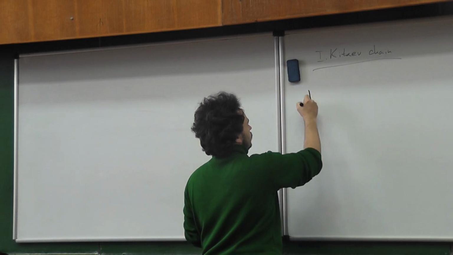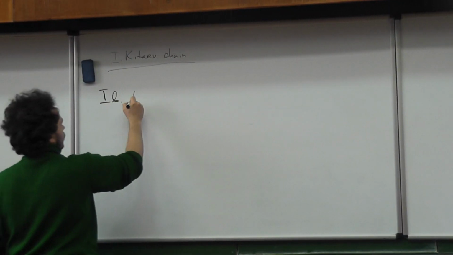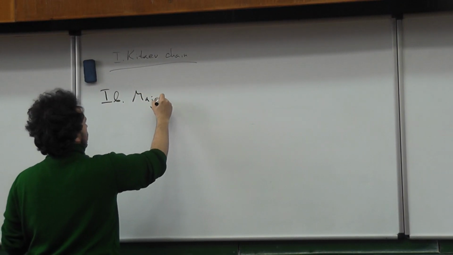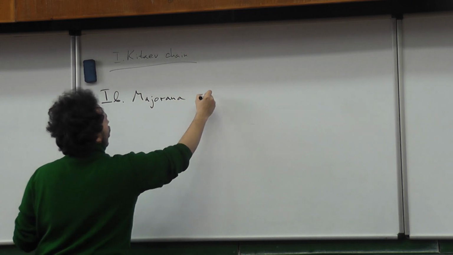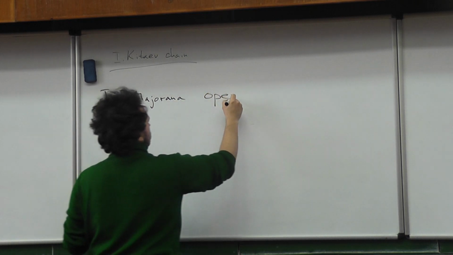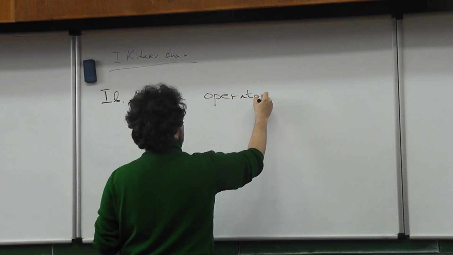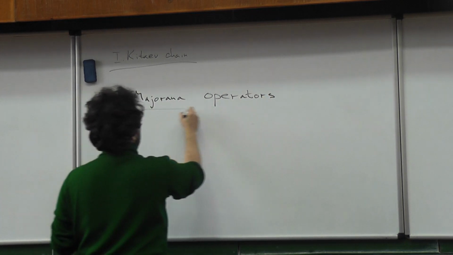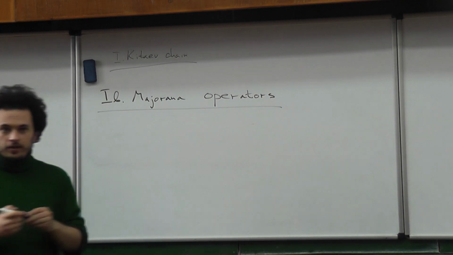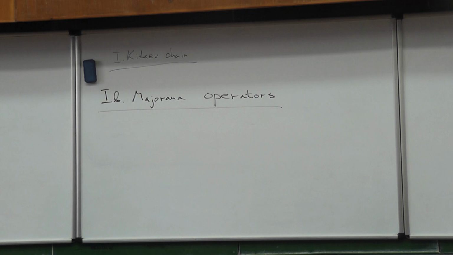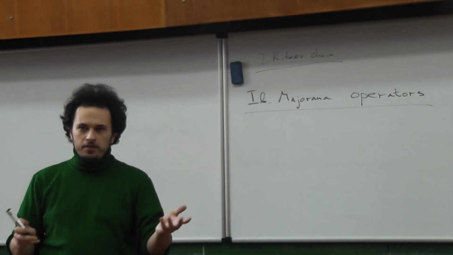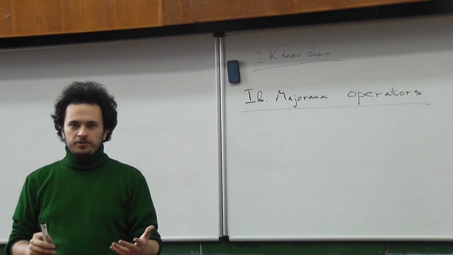So we're going to introduce Majorana operators. These fermion creation and annihilation operators, since one is the Hermitian conjugate of the other, they are not Hermitian.